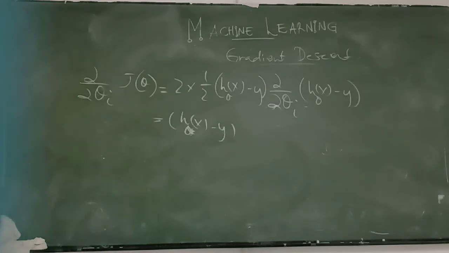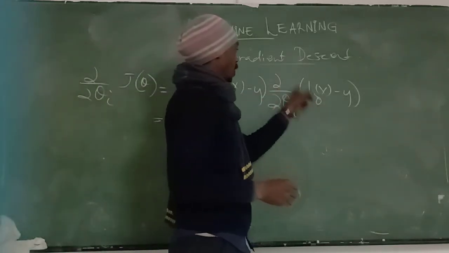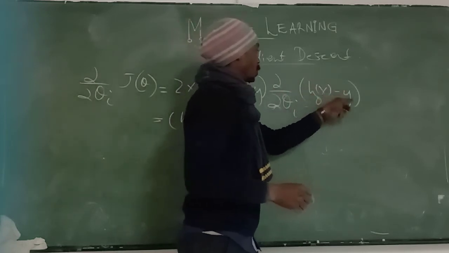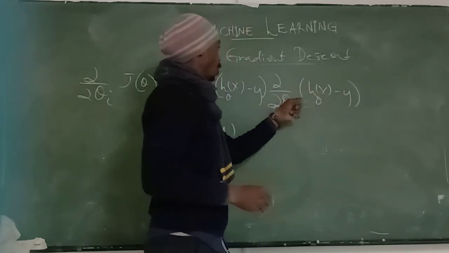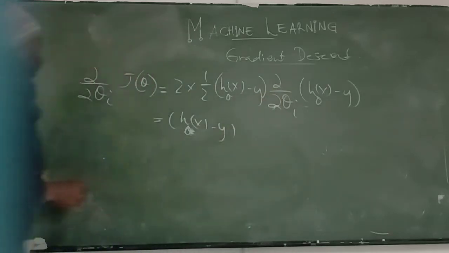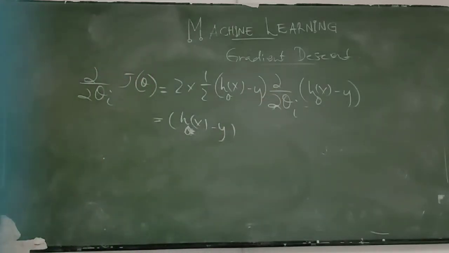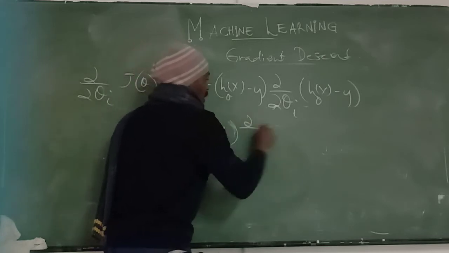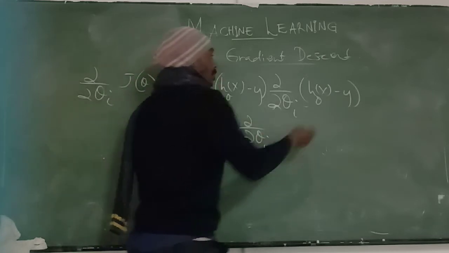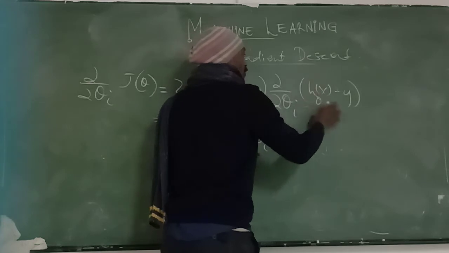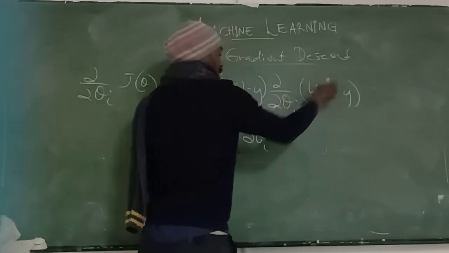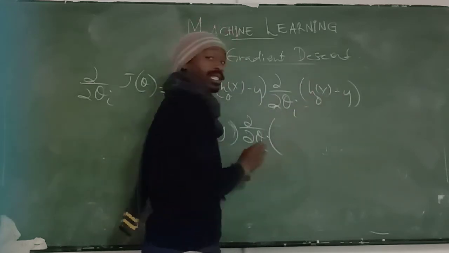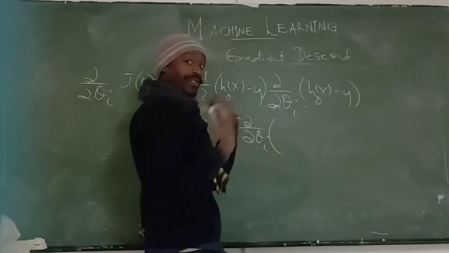Now look at that step: the partial derivative of the difference between the estimated price and the actual price with respect to theta i. I just want you to take note that h of x is our hypothesis, and remember that we defined our hypothesis in the previous lecture.